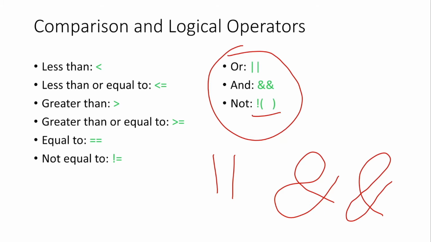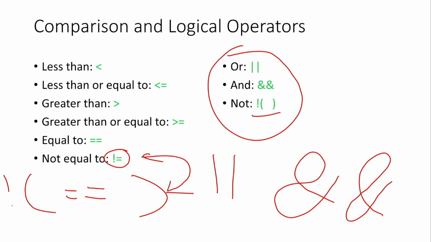So as you can see, from the comparison operators, there's not equal to. So instead of doing that, you can just do the exclamation sign and then the equal sign, and these two are the exact same thing. It's just that not equal to is a little bit easier to write.